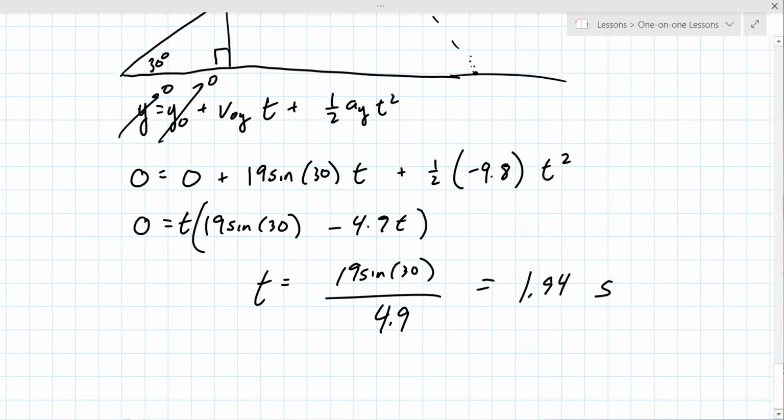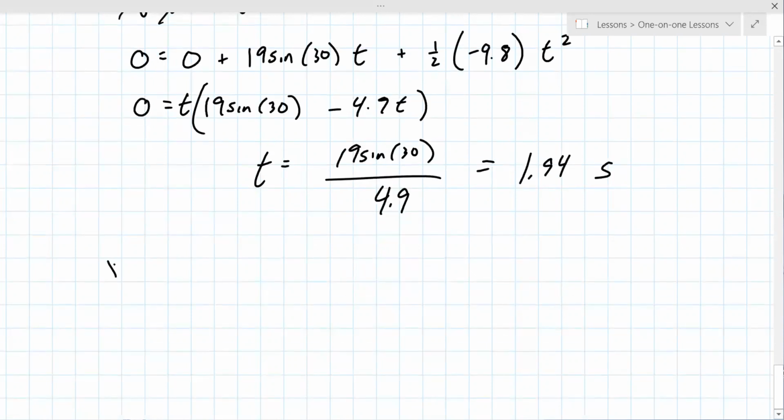Yes. You can use the x equation, the x naught plus the initial velocity in the x direction times time plus 1/2 the acceleration in the x direction times time squared to find the horizontal distance. All right.